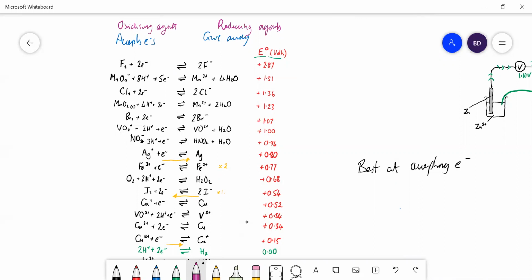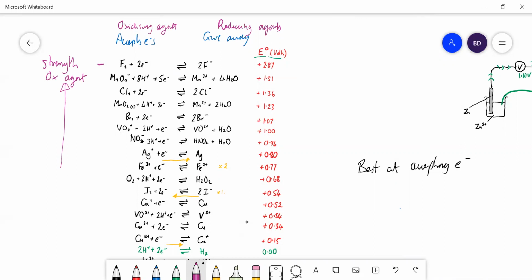Right, which is the best oxidizing agent of that list there? Well, the best oxidizing agent is going to be the one that's most positive, because that's going to be really good at pulling electrons. So you can see it's the fluorine. Fluorine is the strongest oxidizing agent in that list there. So I'm going to put there increasing strength of oxidizing agent.